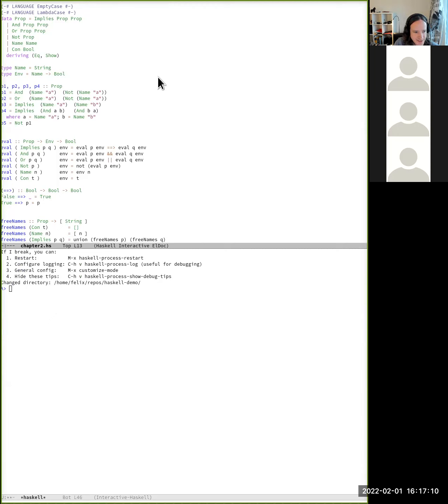Okay, so the exercise said we should write a function for deMorgan dualization. It's in a section that suggests we should do it for this prop type. When I read it, I actually did something very different from everyone else, because I wasn't sitting in the lectures.